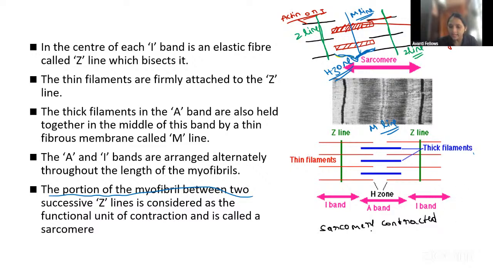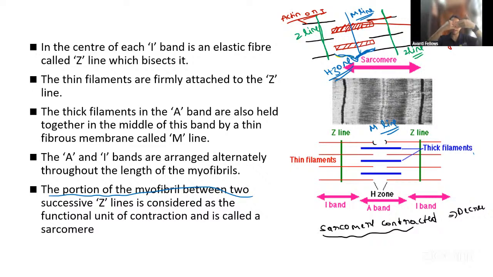Yes, the length of the sarcomere decreases. Now you tell me about the thin filament. The distance between the thin filaments is going to increase or decrease?